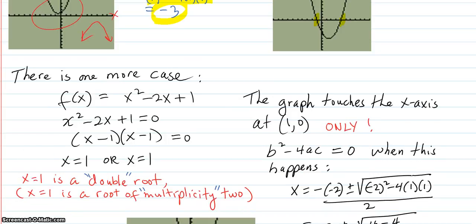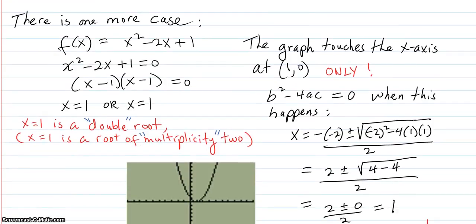Now, for the full truth of it, there's one more case, something like this. When you find the roots of that, it factors as a squared binomial, x minus 1 times x minus 1. So when you solve this, you get x equals 1 or x equals 1. x equals 1 in this kind of case is called a double root.